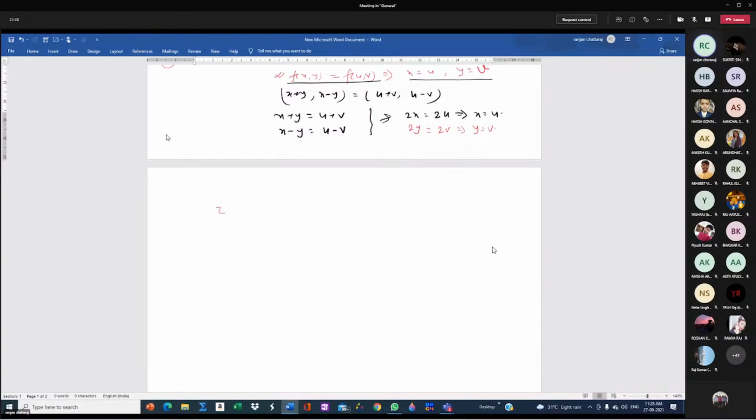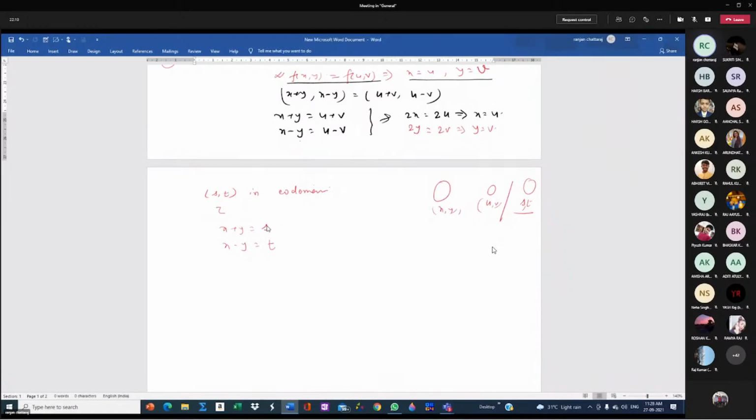Now suppose we have another pair (s, t) in the codomain. So this is the point (x, y), you have (u, v) another, and we have (s, t) also. Now (s, t) is in the codomain such that x plus y equals s, and x minus y is equal to t.